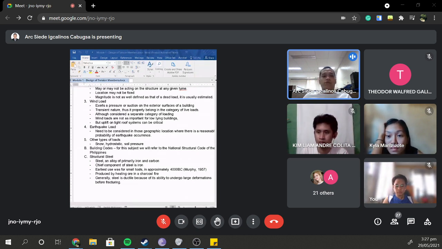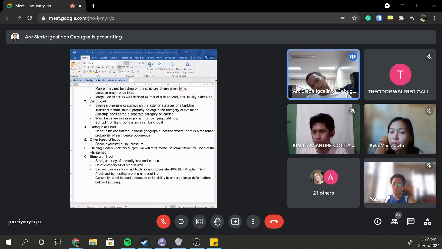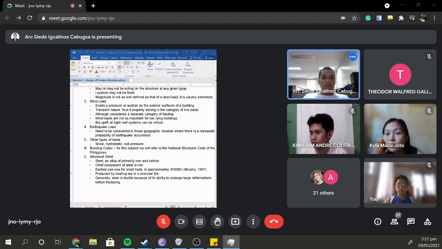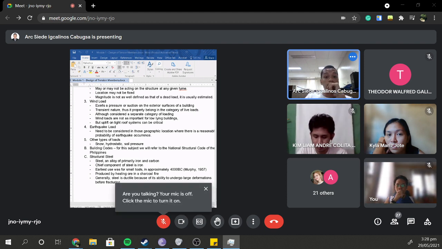Ang for steel is... sige lang, check na nato next time. Kalimot ko sa steel. Pero ang atong NSCP is gi-copy ra siya sa mga American nga standard. So dito ra gabase sa ila. AISC, sorry. American Institute of Steel, sorry.